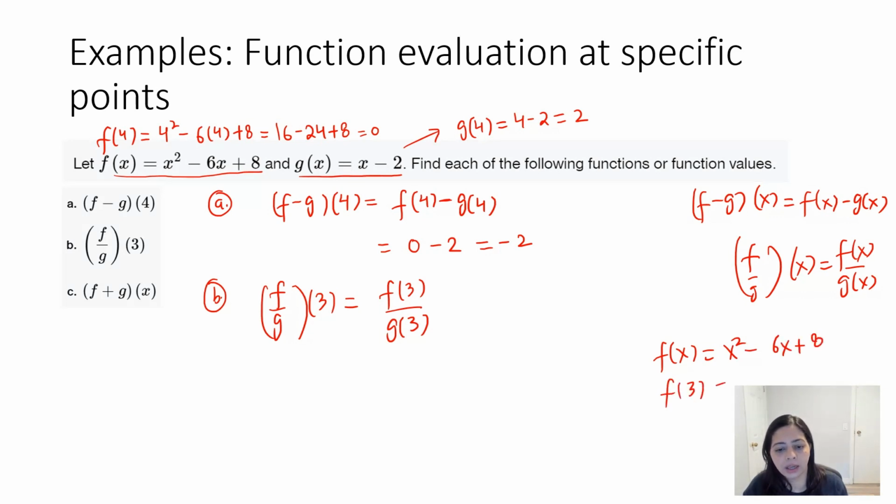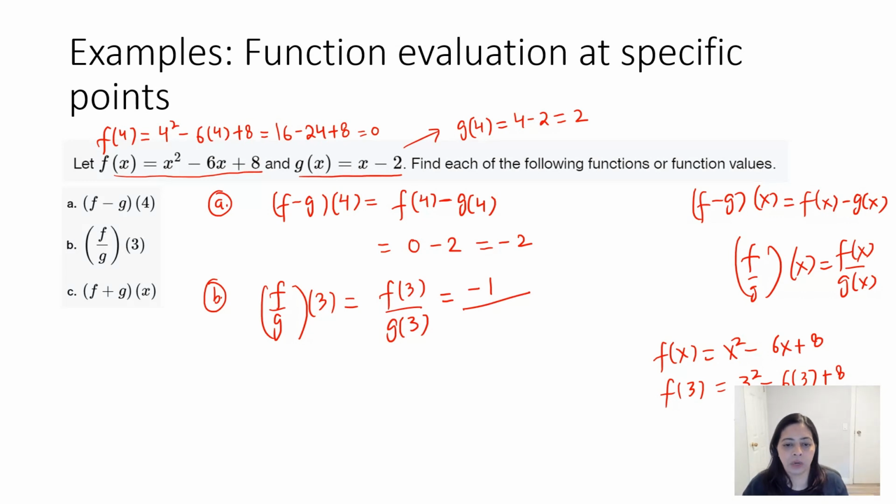So f(3) is 3 squared minus 6 times 3 plus 8. So 9 minus 18 plus 8. So 17 minus 18, that's negative 1. So f of 3 is negative 1.